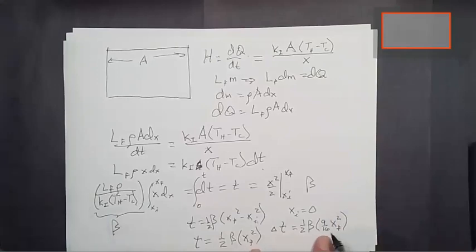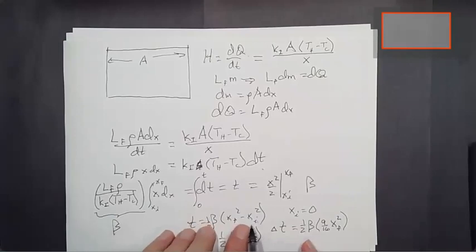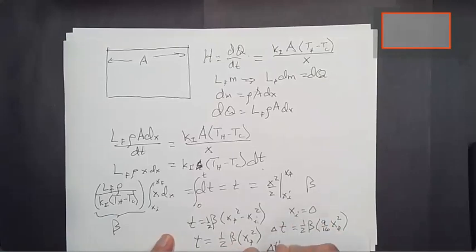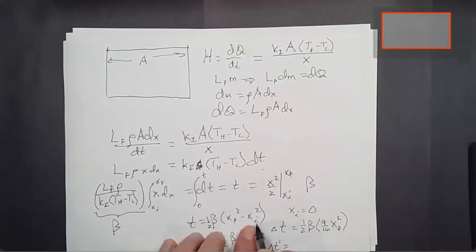Okay, but I'm only going to 3/4 x final. How long would it take to go from an x initial of 3/4 x final to an x final of x final? In that case, I'll call this delta T prime. Remember, I'm going from 3/4 x final to all of x final.